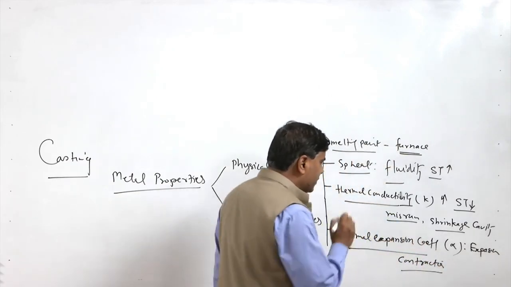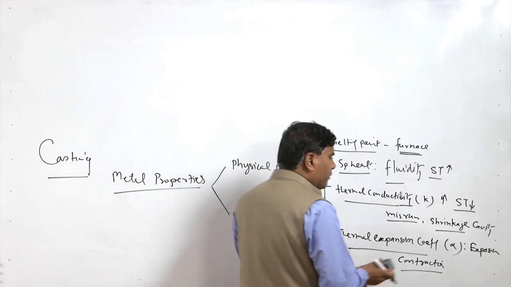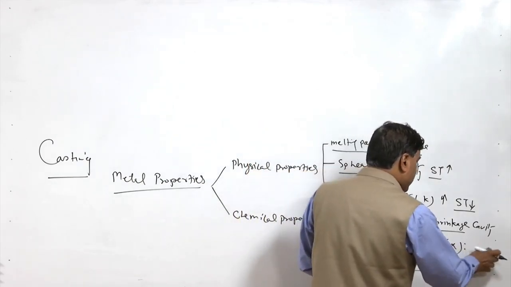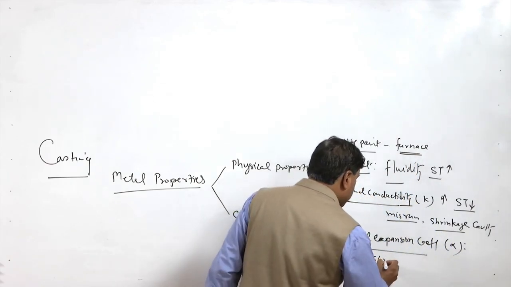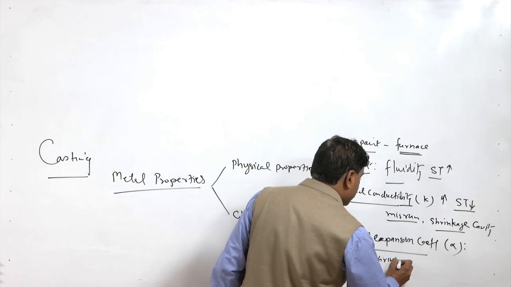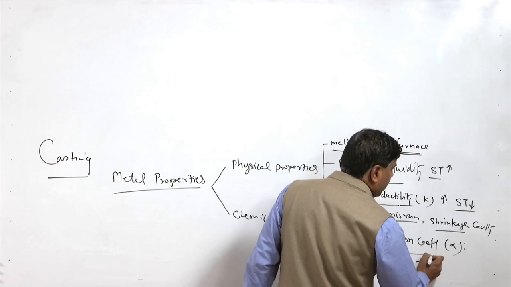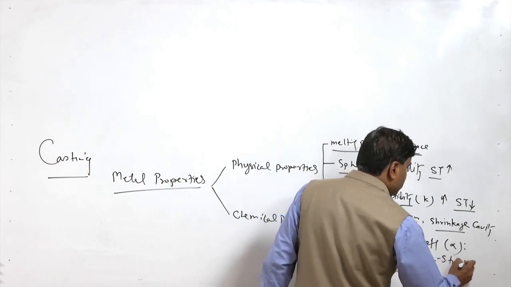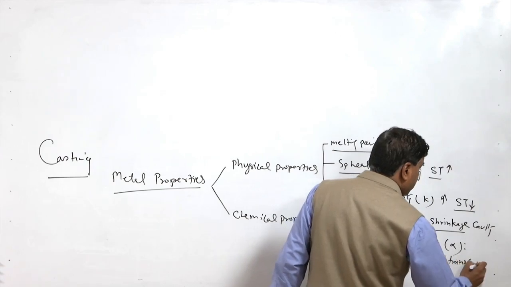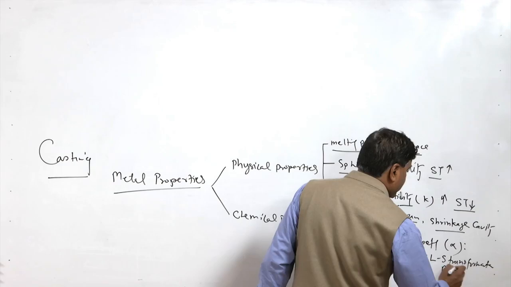Especially in the case of casting, contraction is more important because it determines a number of aspects like the shrinkage, or contraction, which occurs in two stages. One is the liquid to solid transformation in the course of solidification. So, it basically affects the riser design.